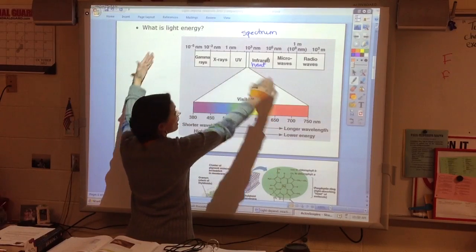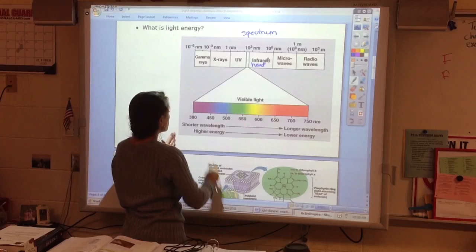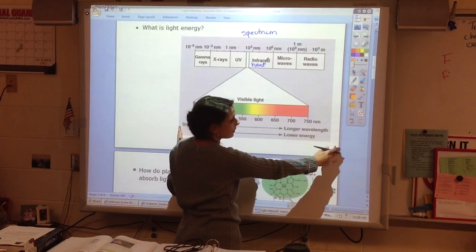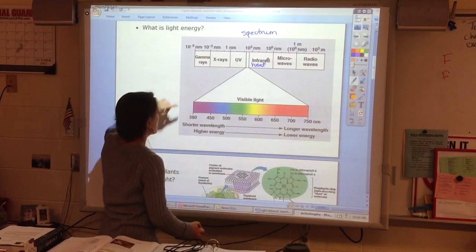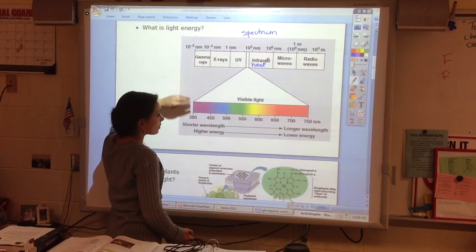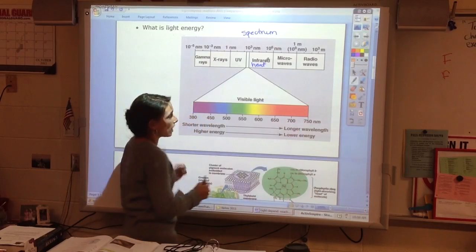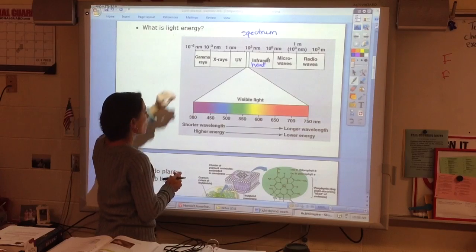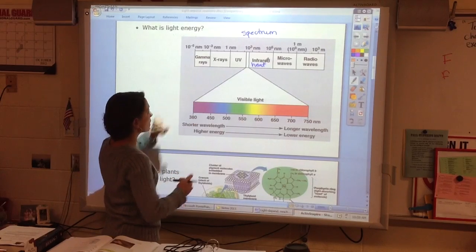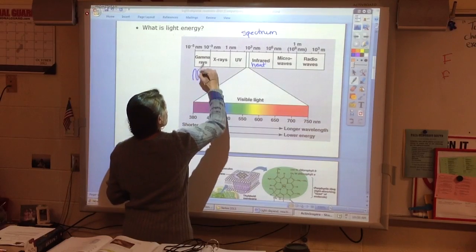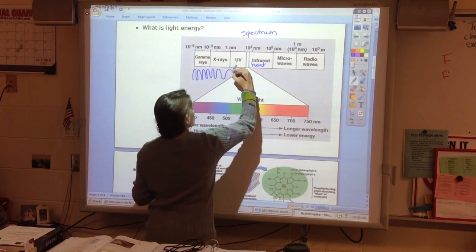If we look at the entire electromagnetic spectrum, we see that energy comes in lots of different forms. And we see that we are actually going to have different amounts of energy depending on the wavelength. So when we have a shorter wavelength, like down here at the gamma rays, we're more like this.